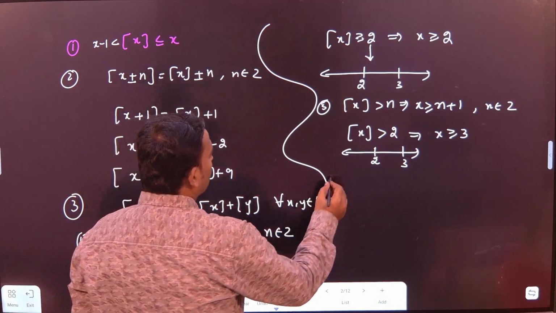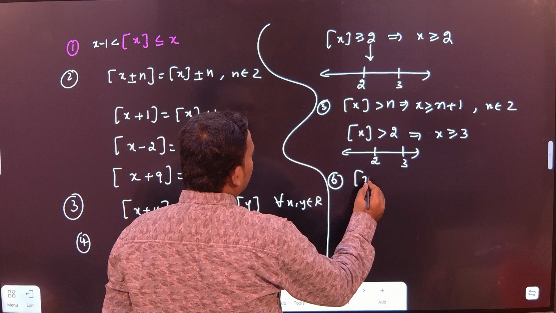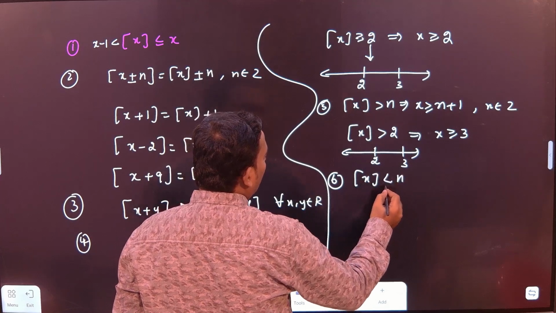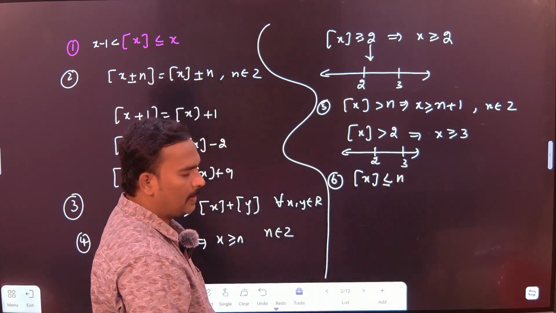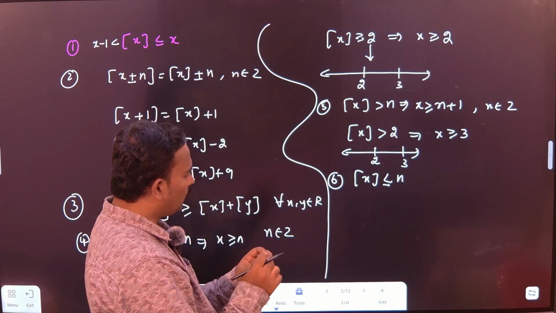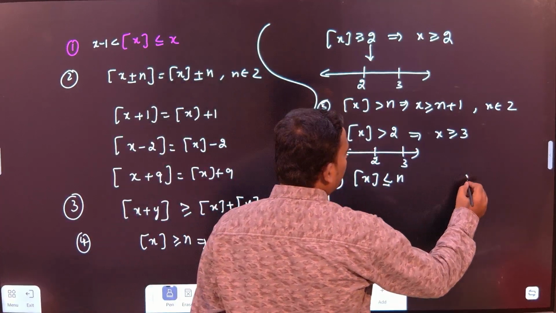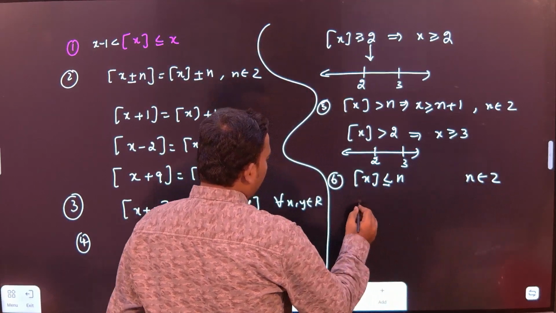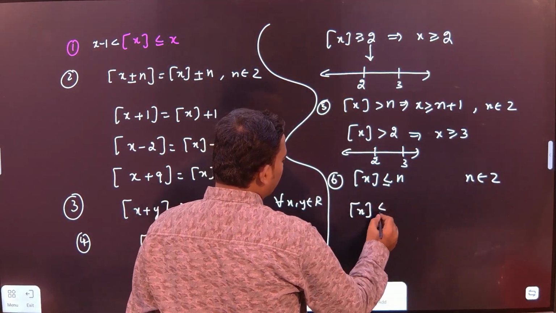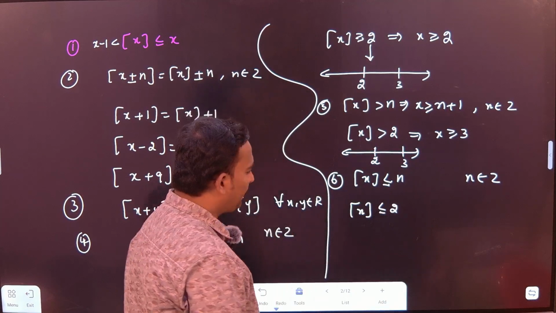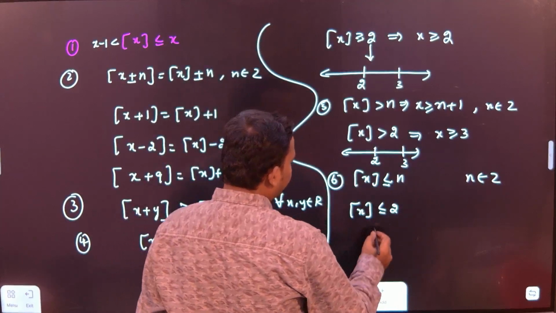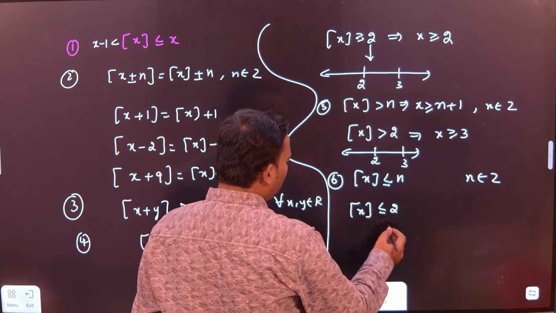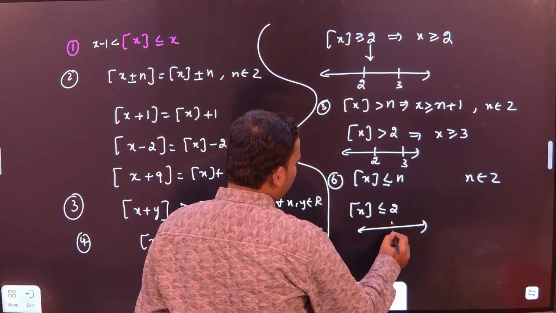Let's take another one. The greatest integer function less than or equal to n. In that case, what are the possible x values? Here n belongs to integers. Let's take the greatest integer function less than or equal to 2. You can fix the 2 here.